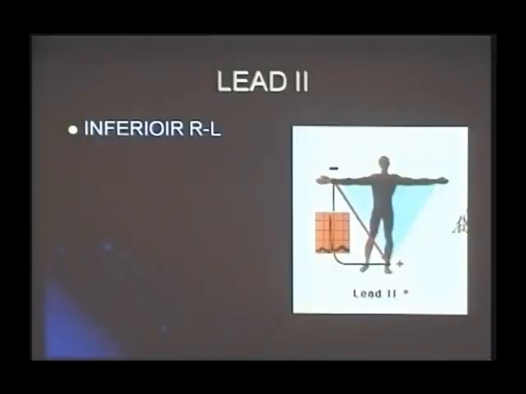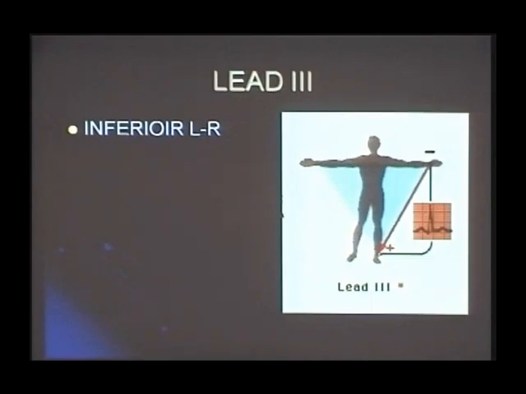So lead 2 records the inferior vector which is directed towards the left. So inferior and left vector is recorded by lead 2. Lead 2 is one of the inferior leads. It is not inferior to anybody; it records the inferior surface. That's why it is one of the inferior leads. So remember, left foot is positive, right upper limb is negative.